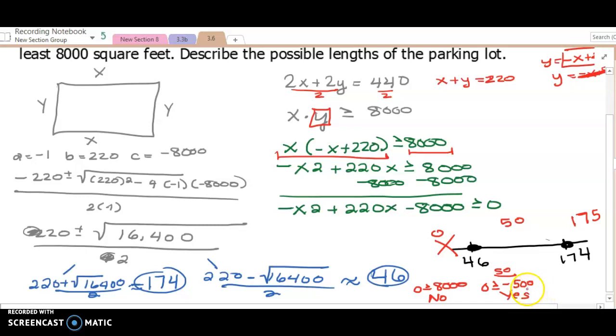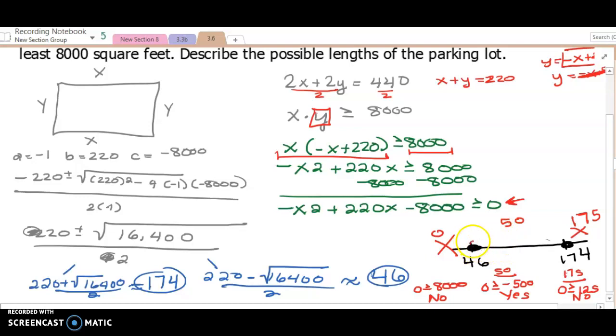And for 175, plugging it into this equation, I get 0 is greater than or equal to 125, which is a no. So this will not work.